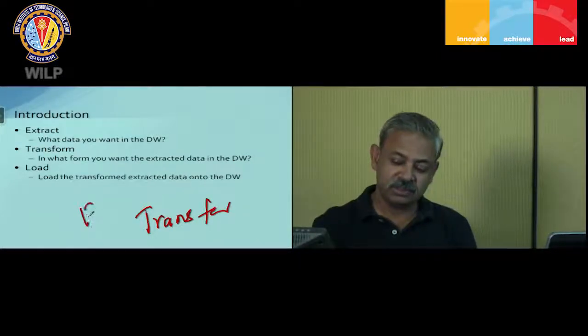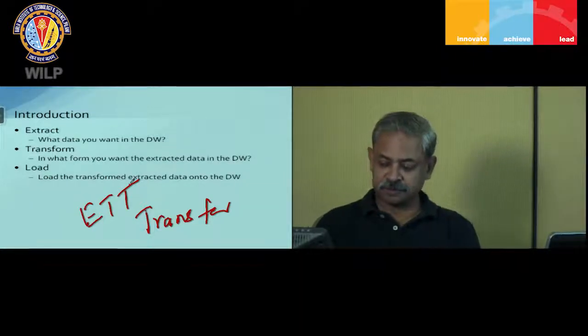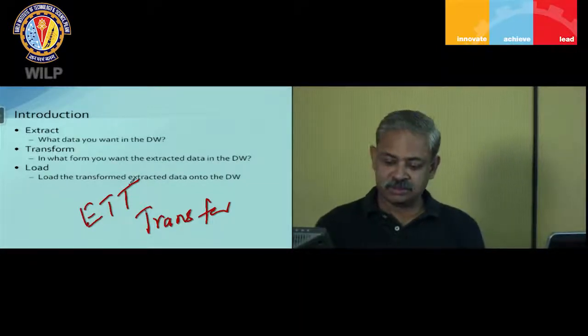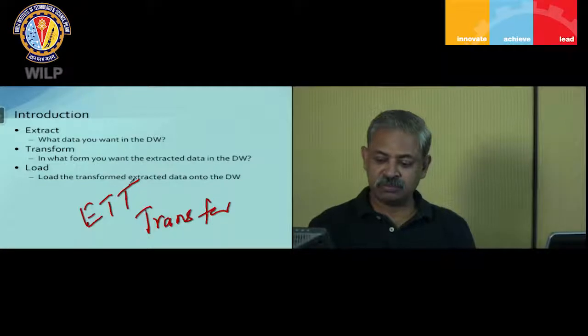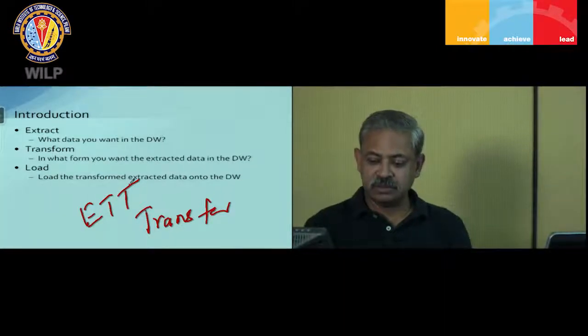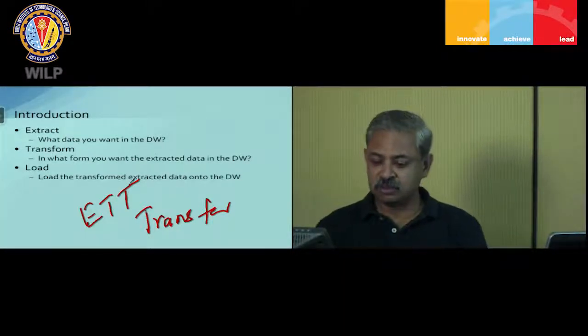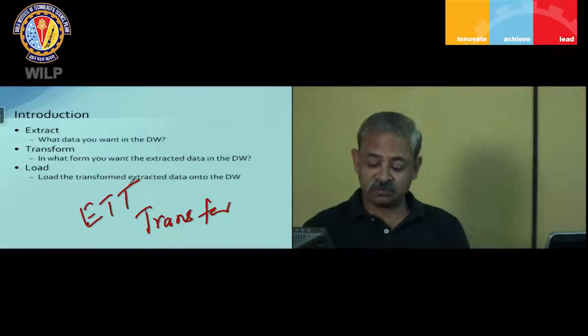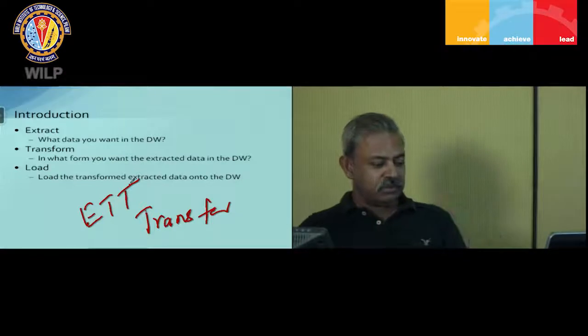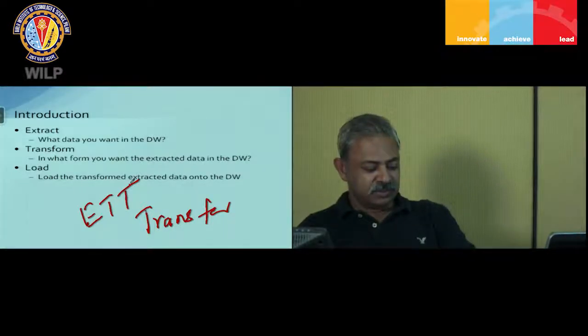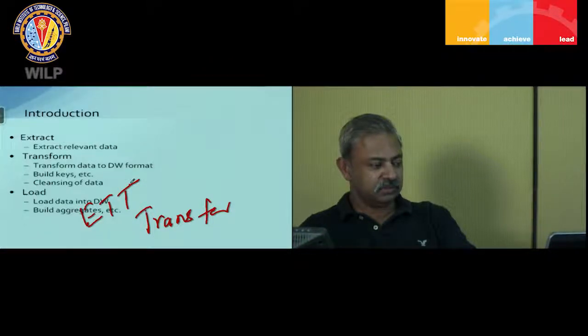In some literature you will find the word ETT, that is extract, transform, and transfer. But typically we use the word load: load the transformed, extracted data onto the warehouse. So this is a broad explanation of the terms ETL individually.